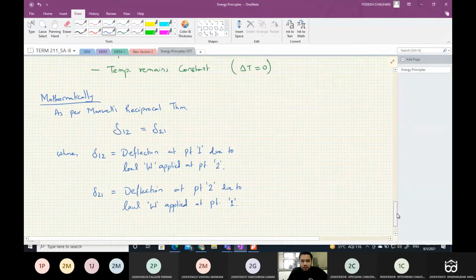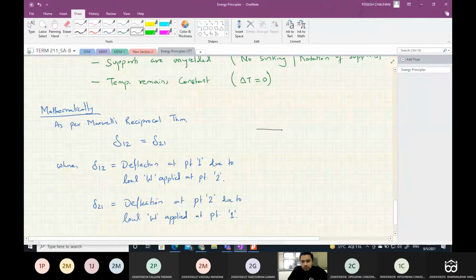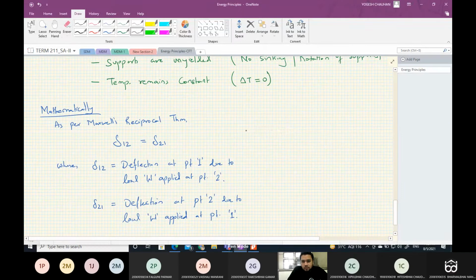Okay, now to understand this, consider a beam, and let the deflection of this beam under the application of load W at point 1, the deflection at point 2, let this be point 2, this be point 1.